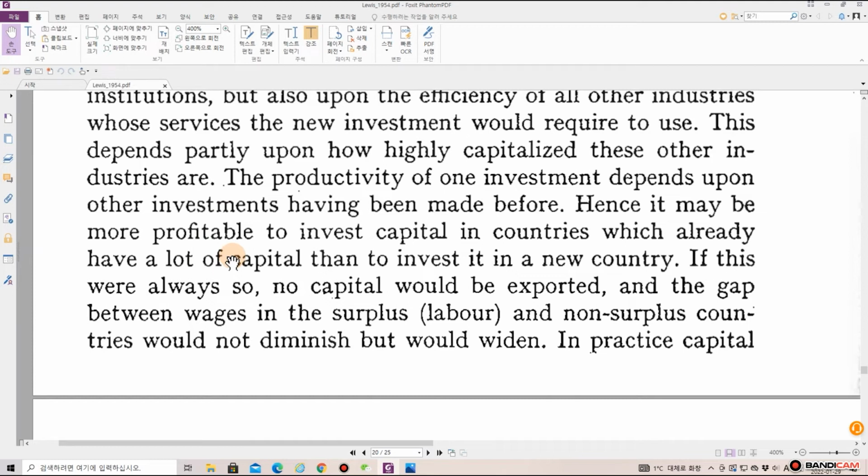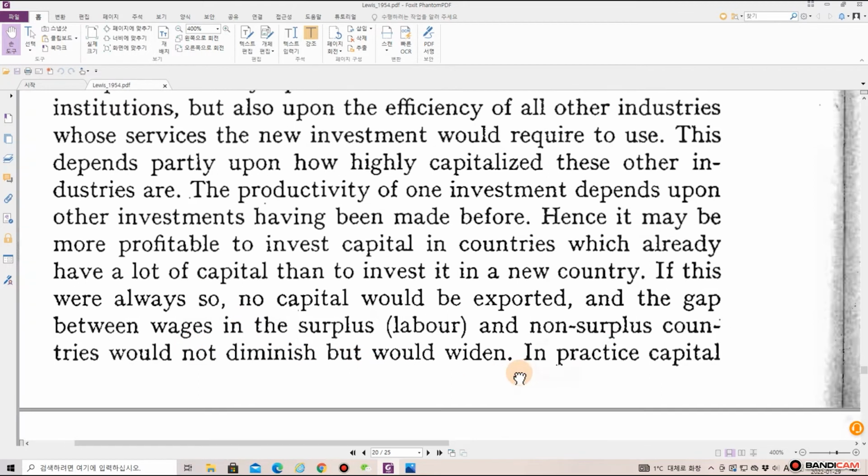Since it may be more profitable to invest capital in countries which already have a lot of capital than to invest it in a new country, if this were always so, no capital would be exported and the gap between wages in the surplus labor and the non-surplus countries would not diminish but would widen.